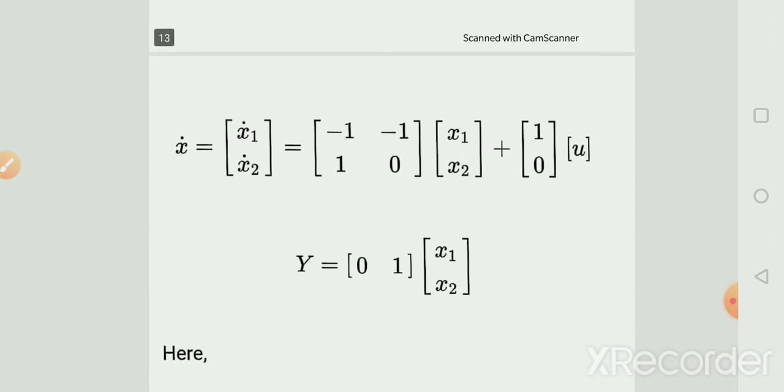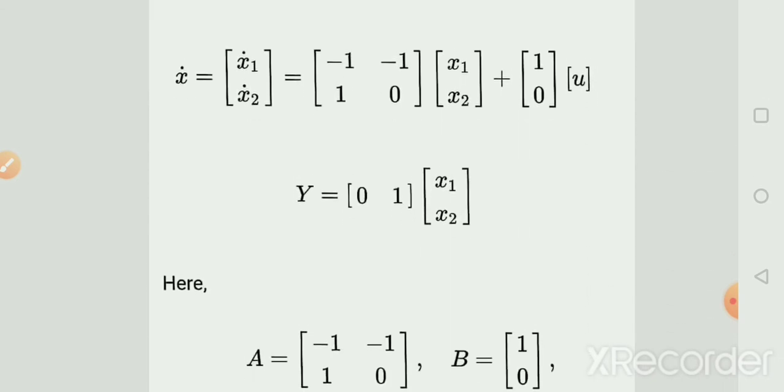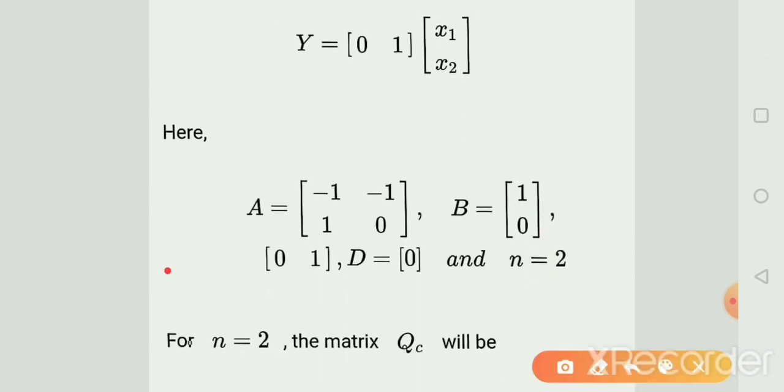Now for example, if we have this system, by comparing we can get here the values of A, B, C, D. Here the value of D is 0, and we have a 2 into 2 matrix, so n equal to 2. Now we want to calculate whether the system is controllable or not.